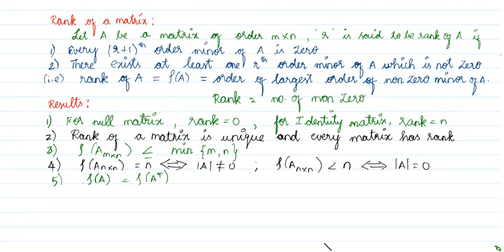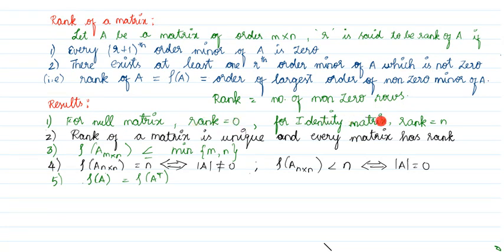A zero row is one where all the elements of the row are 0, not even a single element should be non-zero. The number of non-zero rows in the matrix after being reduced is the rank of the matrix. For a null matrix, each and every element is 0, so the rank is always 0.